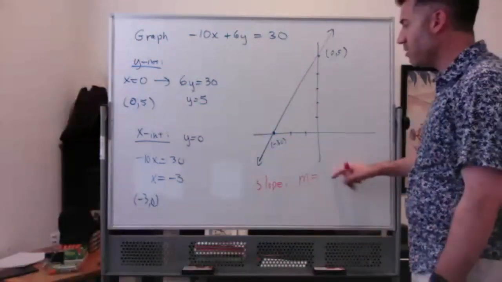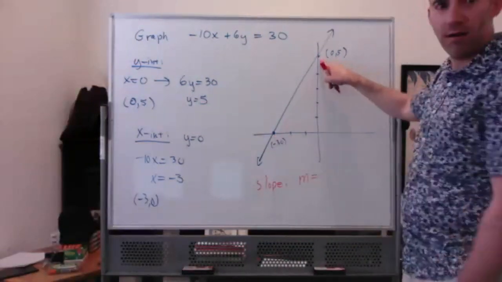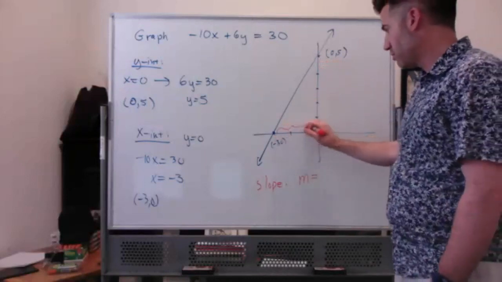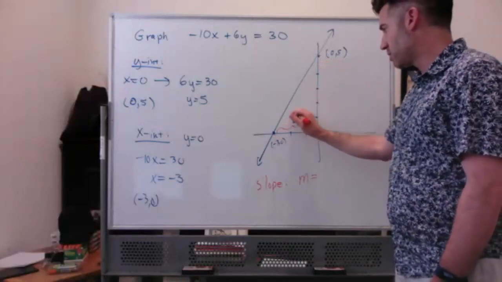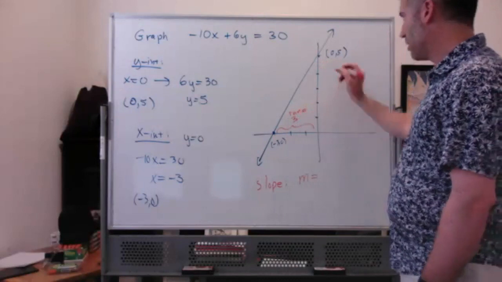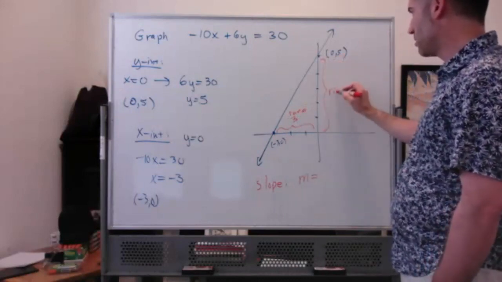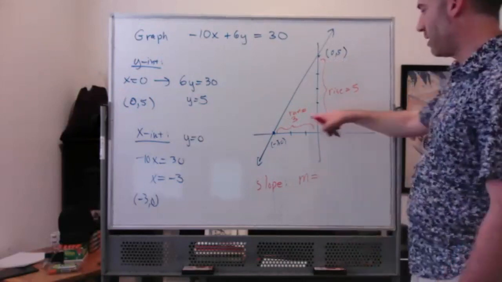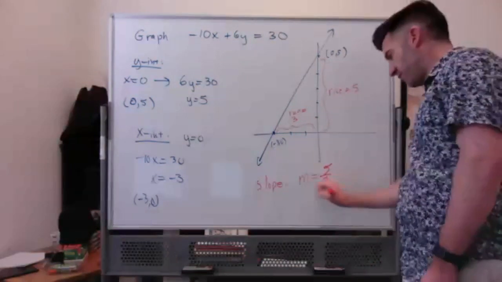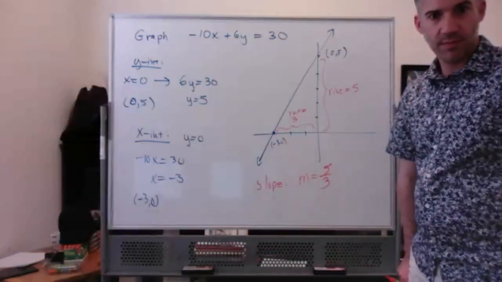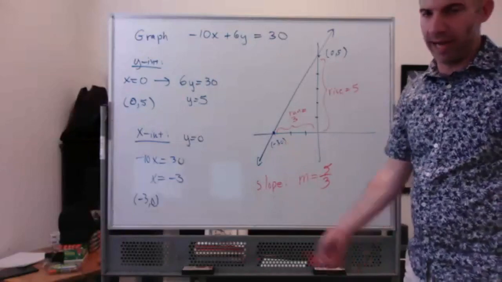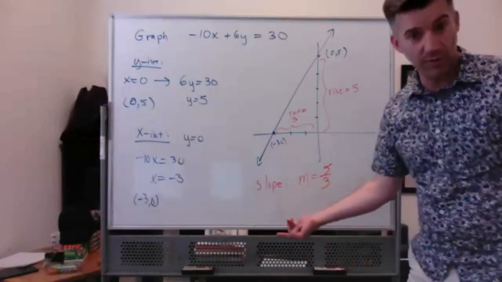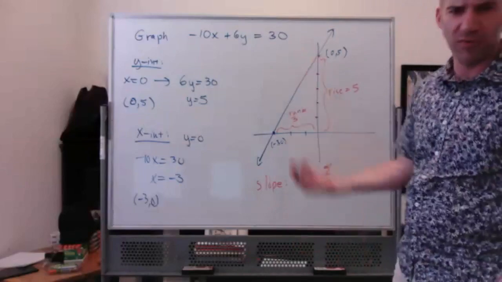So slope here, if I start here and I go there, my run is 3 and my rise is 5. So my rise over my run is 5 over 3. You could also do it a more, I don't know, this doesn't feel very normal to me, but who wants to be normal? Normal is boring.